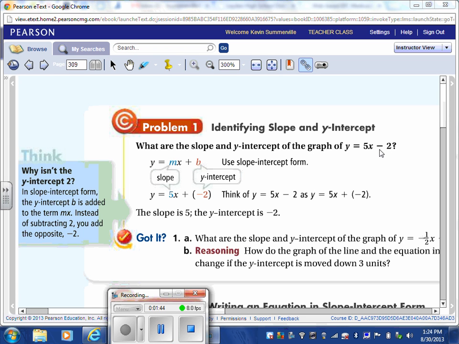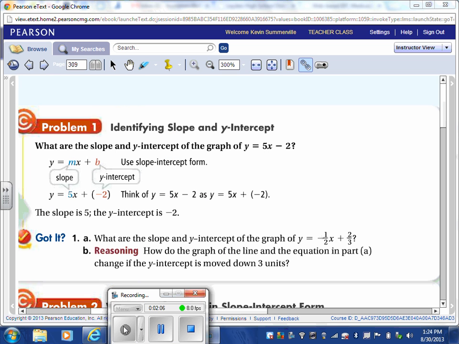Notice that there's a minus sign with the 2, which makes that a negative 2 y-intercept, as it is shown down here on the bottom, where negative 2 is in parentheses, telling you it is the y-intercept. So the slope is 5, the y-intercept is negative 2. Go ahead and answer Got It 1A and B.